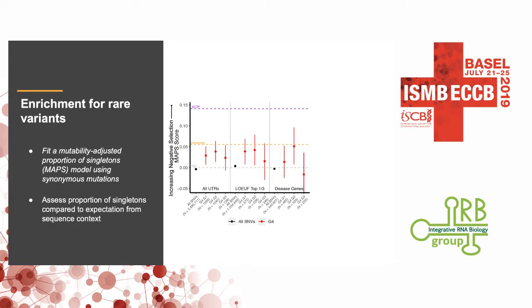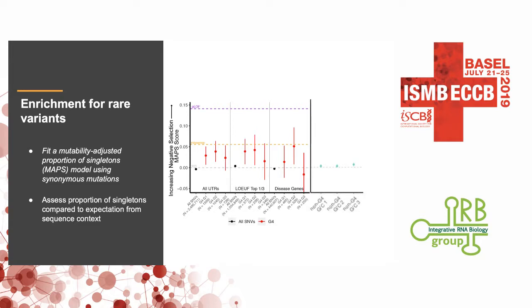And this is consistent across three different classes of genes we looked at. First are all genes. The second are the top third most constrained genes by their protein coding estimate of degree of constraint. And the final is a set of disease genes which have been associated with some kind of disease pathology in ClinVar. And in some cases, variation affecting the second G of the G4 G tract can be comparable to even missense variation.